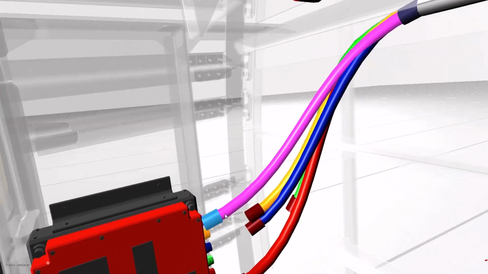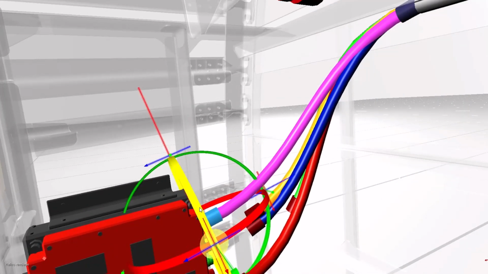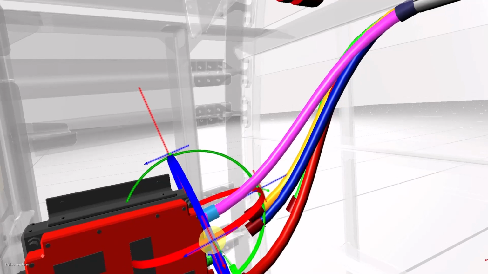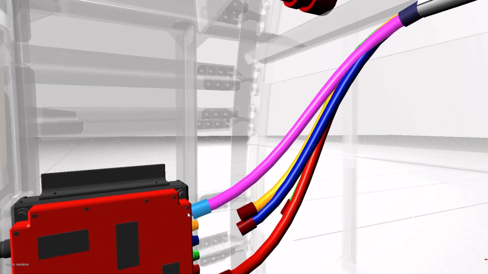Anything that we do with these cable lengths can now be saved, recorded, and exported back into the CAD system to further inform that engineering design and the engineering packaging.